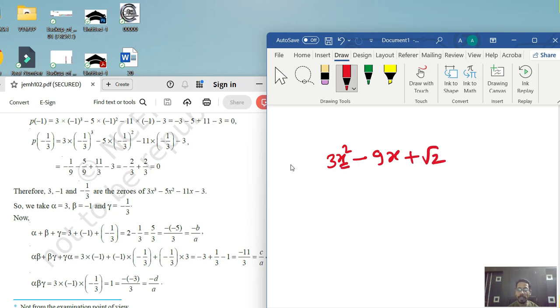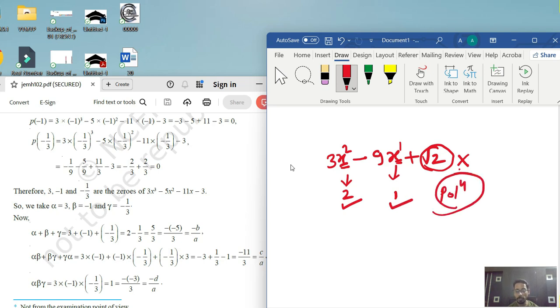So variable is x here, variable is x here. So here the power of x is 2, here the power of x is nothing, means 1. Here root is there with 2, not with the variable. Okay, here no variable is given. So here the power is whole, here also the power is whole. So we can say it is the polynomial.